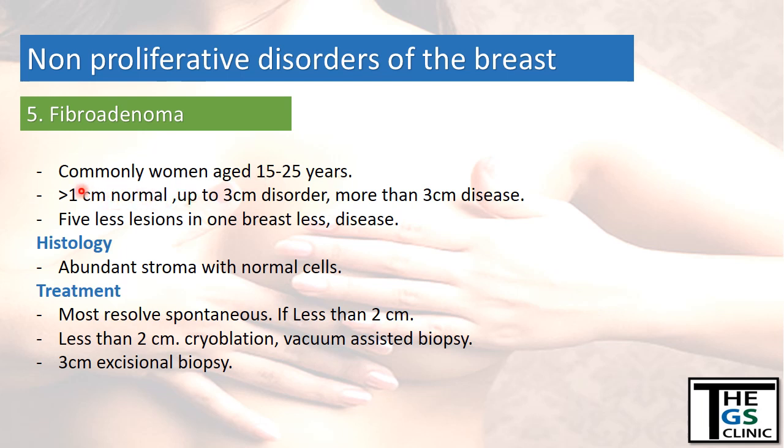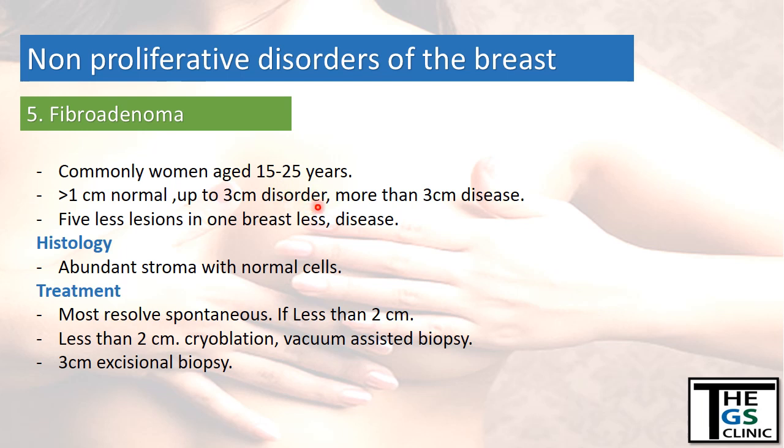If it's less than 1 centimeter, here we say this is normal. And usually, if it's less than 1 centimeter, it will resolve spontaneously and no treatment is required, and we consider it to be normal. If it's between 2 to 3 centimeters in diameter, it's called a disorder.